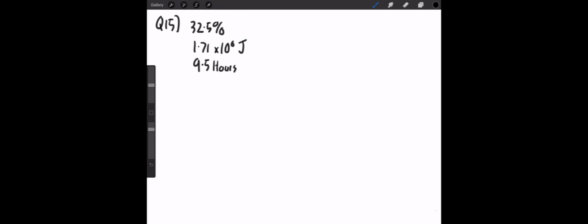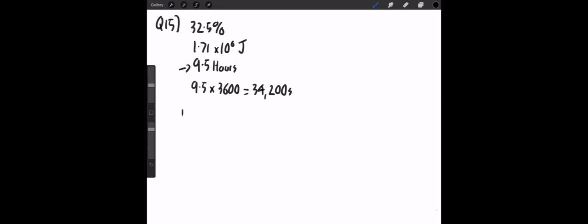So the first thing I want to do is convert this 9.5 into standard units. There are 3600 seconds in an hour, so 9.5 times 3600, and that gives you 34,200 seconds. Next thing we need to consider is the power equation.